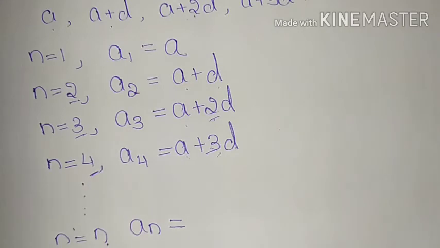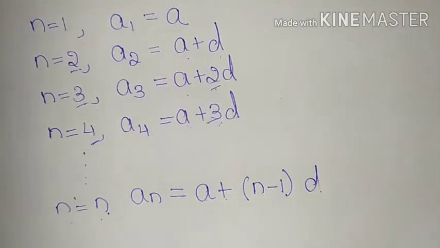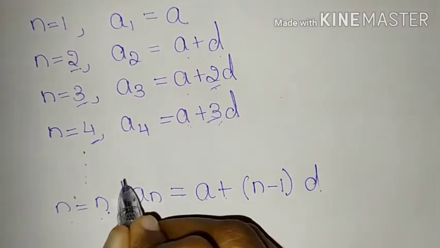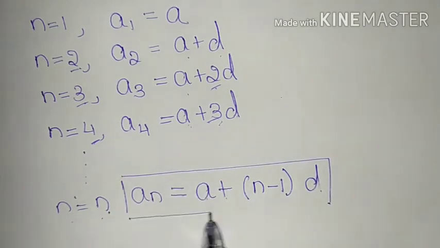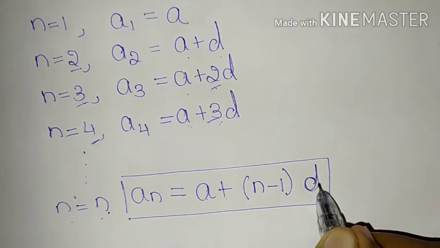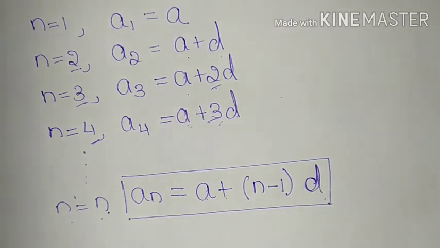So I can confidently write an is equal to a plus (n minus 1) into d, which is our nth term of an AP.